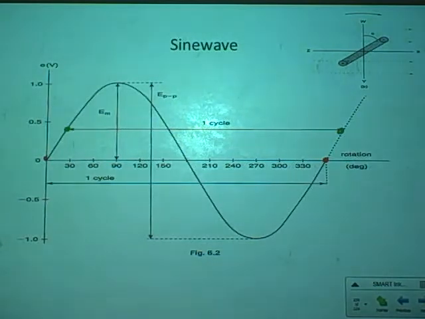Okay, let's move on. The number of cycles generated in a second is termed the frequency. Rob, you can explain a cycle very quickly.